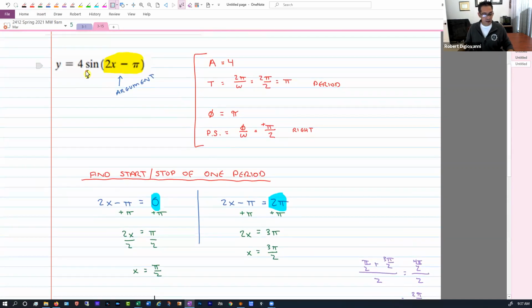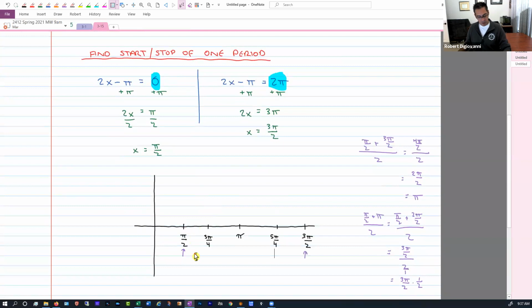All right, we should have an amplitude of 4, and it's a sine curve that starts here. So it should start, I'm going to do it in red. It should start at pi over 2, end at 3 pi over 2. We know that halfway in between, we should have another x-intercept. We should have an amplitude of 4. So it should go up 4, down 4.